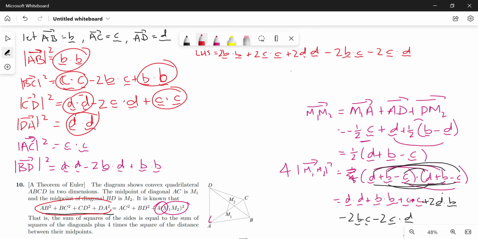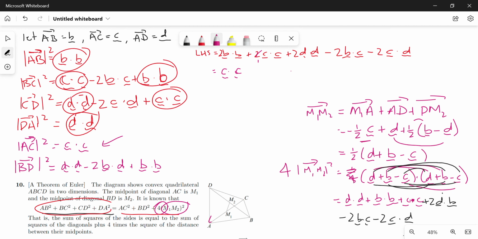All right, and what I want it to look like, remember, is that side, which is this purple stuff. So you can see the first thing I want is a c dot c. So I might just take out one of those c dot c's and put it here by itself. So in my head, I've taken out that one. So I'll just show you by doing that.